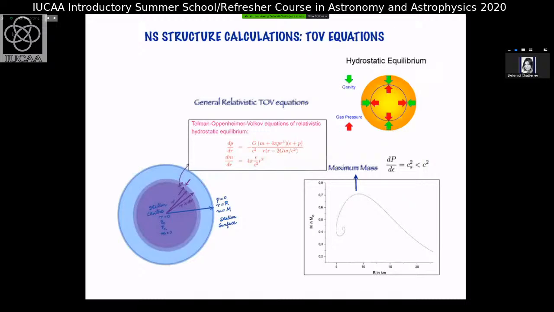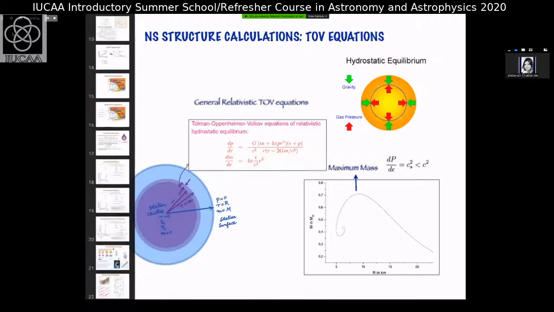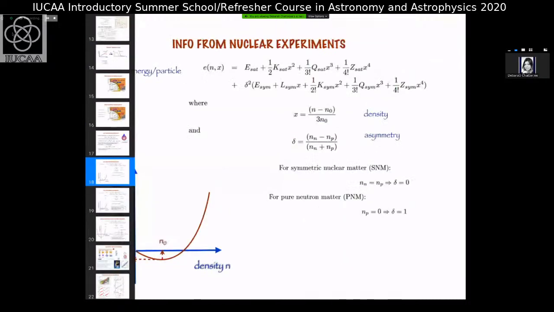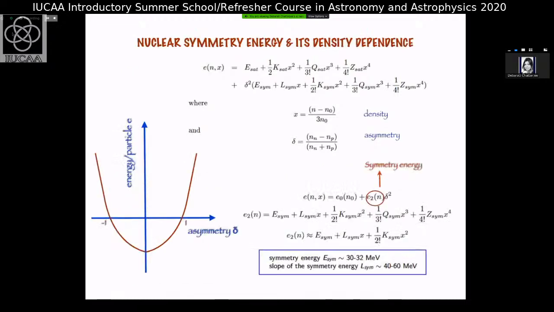Hello, ma'am. My question is, what do Q and Z mean in the energy per particle equation? So these are actually L and J, right? I mean the J in the other figure that I showed here.